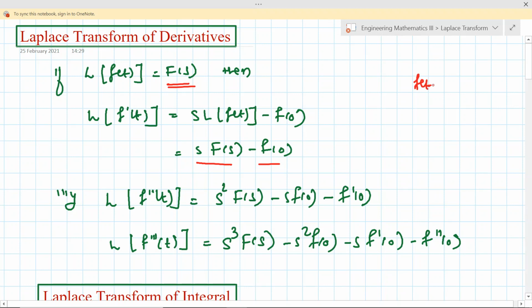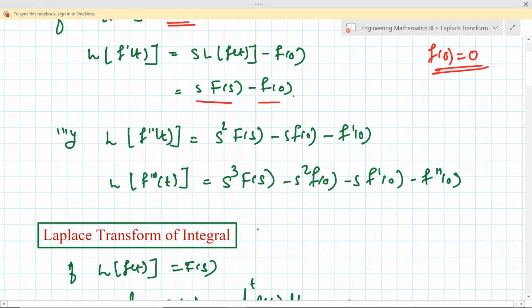Suppose f of t is sine of t, then f of 0 is sine 0, which is 0. This value we need to put here if it is sine t. Now, if we want the Laplace of the second order derivative f double dash of t, it is s square F of s minus s f of 0 minus f dash of 0.